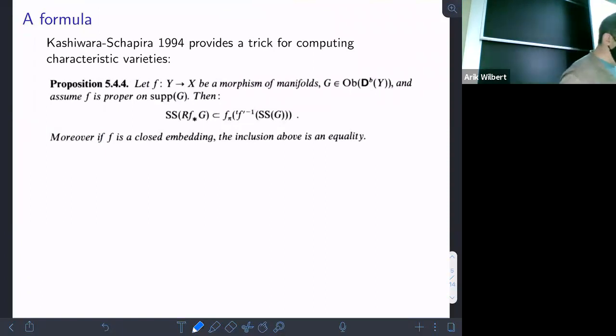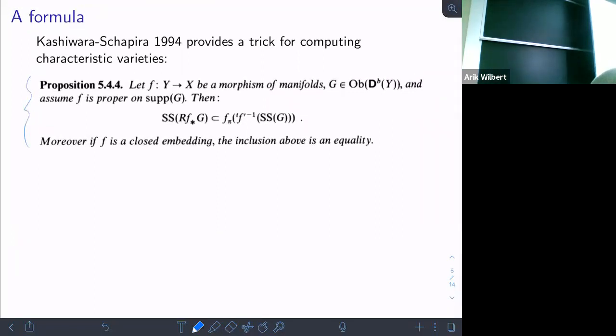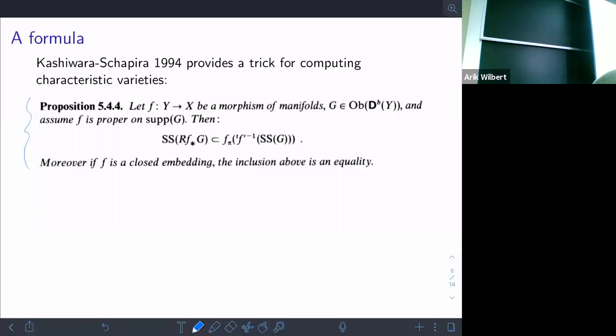Okay, so I want to point out one trick for using small resolutions to compute characteristic varieties. Here is an image taken directly from Kashiwara-Schapira's paper. Let me sketch what this all means, and also say how I'm going to apply it to our resolutions here.